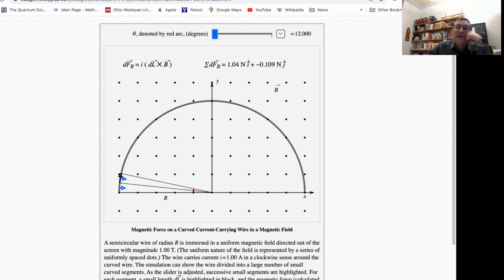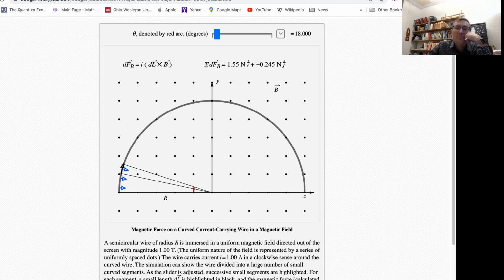And then we'll go to the next segment. Each segment is a 6-degree arc, just chosen for something small, but not too small to become burdensome. There's the next piece with the little dFB on it. And then the sum of the x components of the 3 dFBs and then the y component sum.